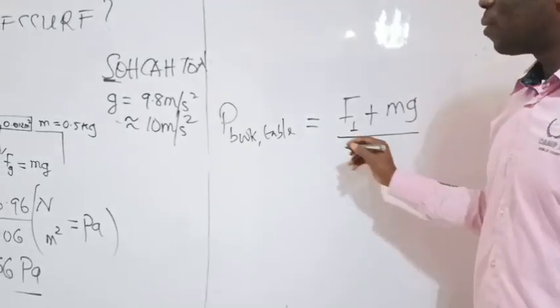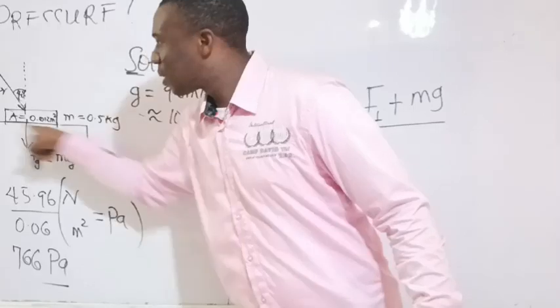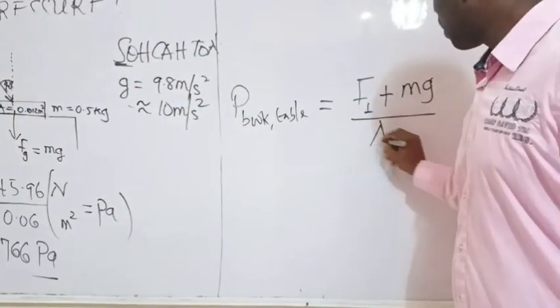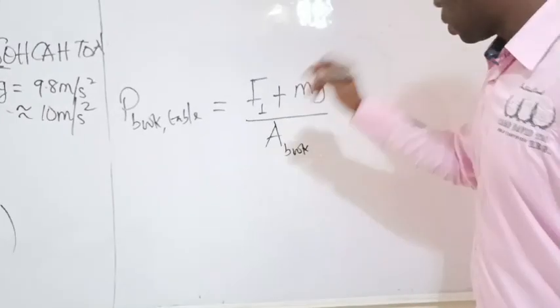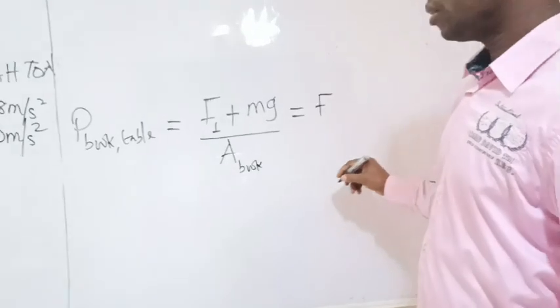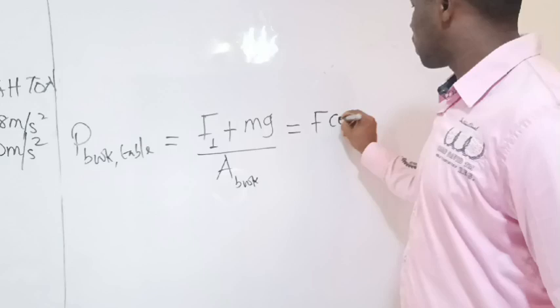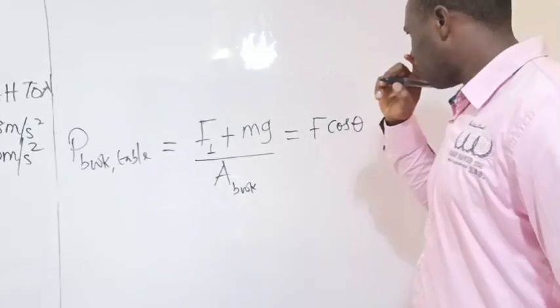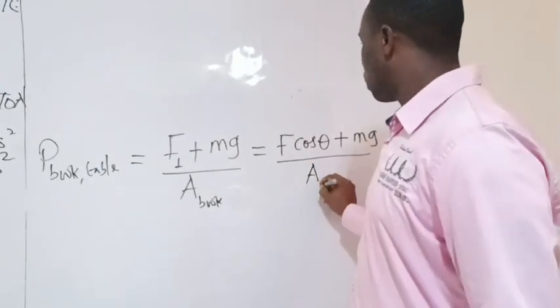Then I divide this by the area at which the book makes contact with the table. So to get the job straight, the component of the force is F times the cosine of theta, plus mg, and I'm dividing this by the area of the book.